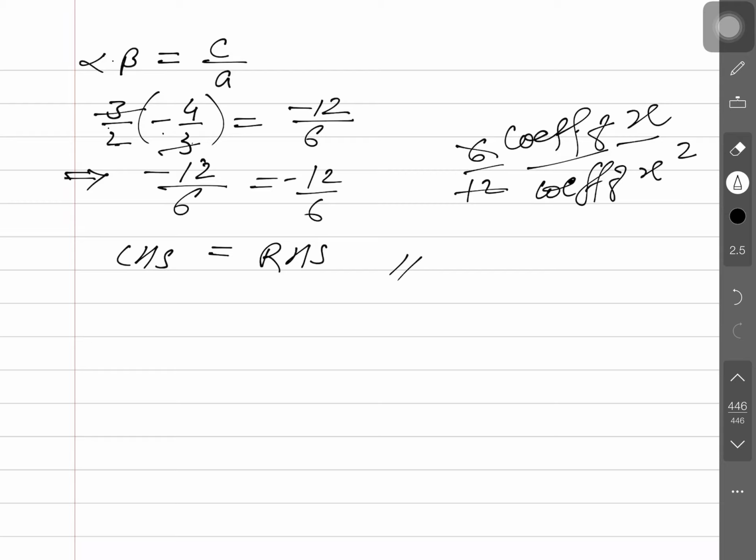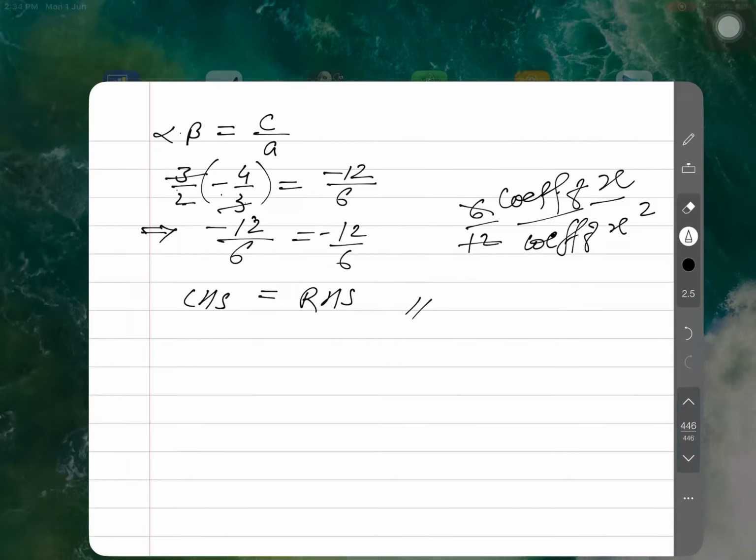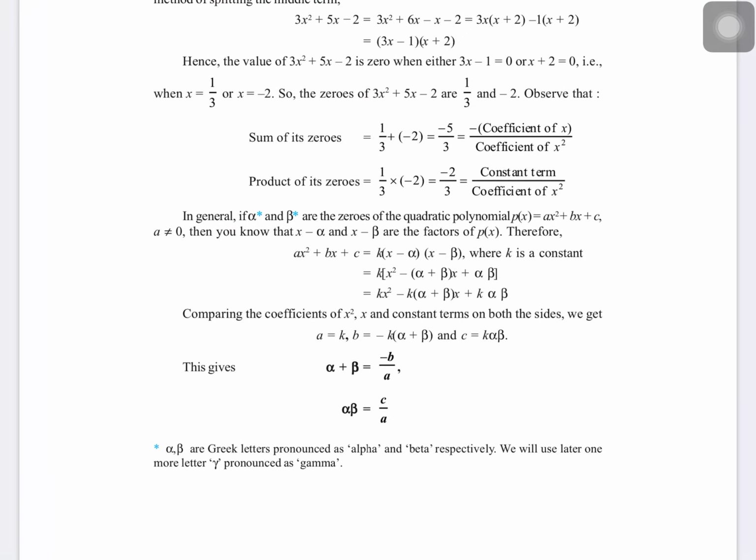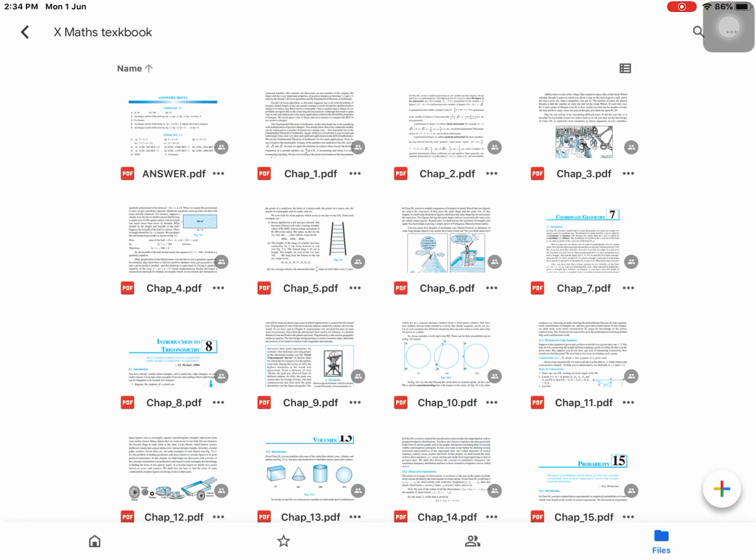When I make solutions of the questions of the exercise in your NCERT textbooks, then I will tell you the standard method that is given in your text content. Okay, now see the next question. What is the next question saying here?